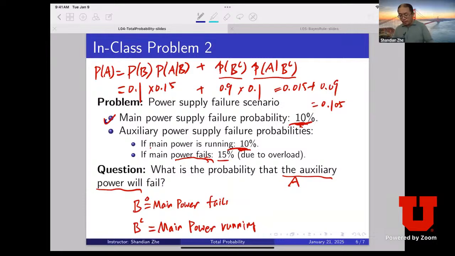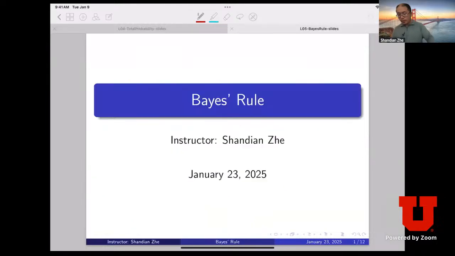Okay, great. So today we're going to talk about Bayes rule. This is a very, very important concept, and it's kind of a cornerstone of machine learning, or more specifically, probabilistic machine learning, because I'm a person who does machine learning, especially probabilistic machine learning.